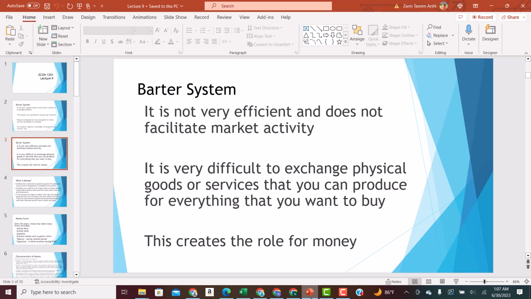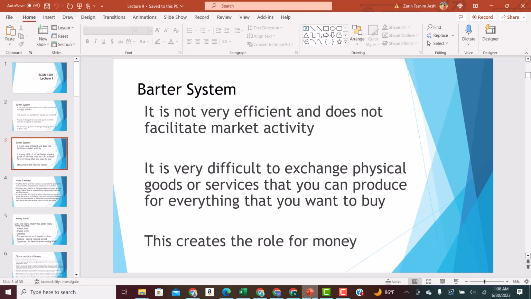And I'm also restricted in terms of location, because I cannot travel far distances just to get services by giving one pen. Okay, so this type of system is very difficult, and it does not facilitate the market.